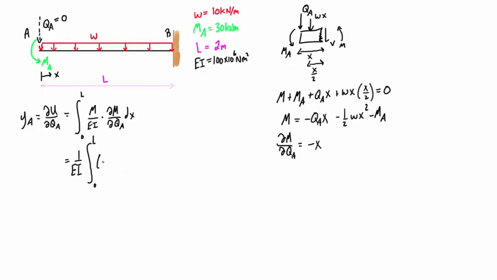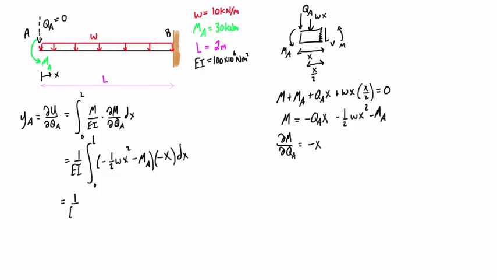So the whole first term here is going to go to 0. So we're left over with negative 1/2 wx squared minus MA. That is the expression for m once we've set qa equal to 0. And then when we multiply in the partial derivative of m with respect to qa, that's just negative x. All right, and then just put dx on the end. So from here on out, it's pretty straightforward integration.